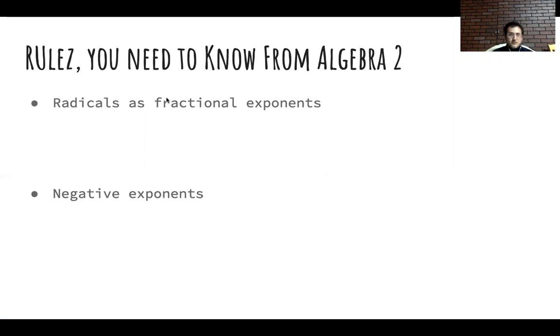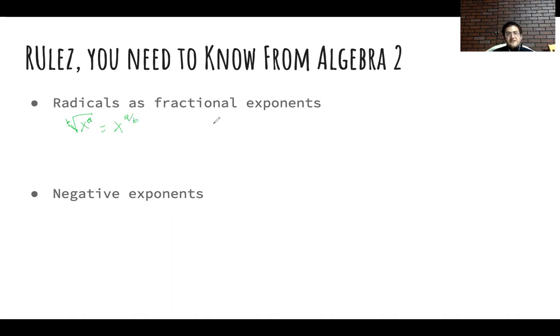Here are some rules that you need to be comfortable with from Algebra 2. The first is that you need to be comfortable with a radical as a fractional exponent. If I have the b-th root of x to the a, that's equal to x to the a over b.